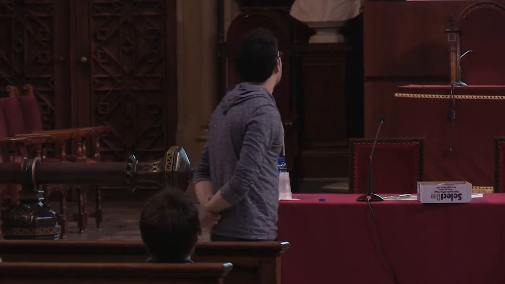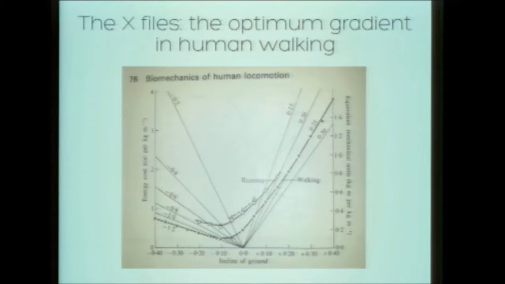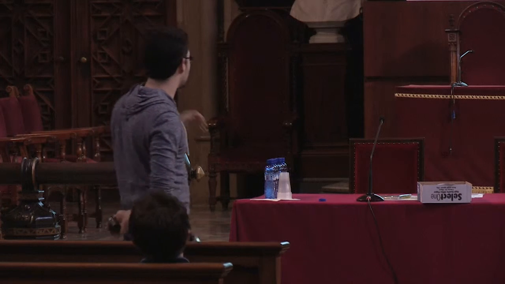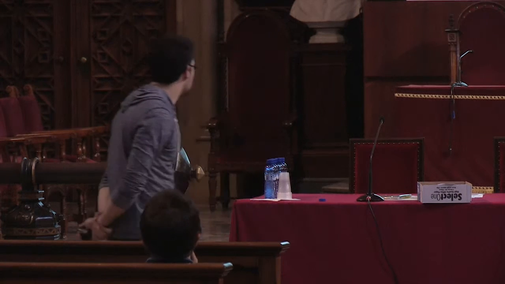In addition, there are some mysteries in human walking. For example, these are very old data from the 20s. We can see here the oxygen consumption in human walking, downhill and uphill, and we can see how there is a minimum spending of energy at an inclination of minus 10%.